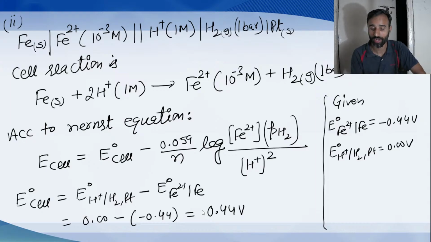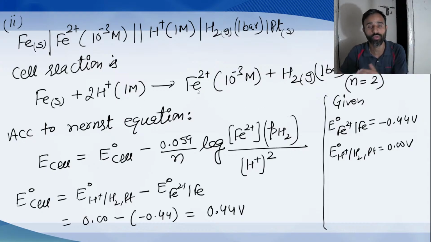Next is the value of n. Keep in mind the value of n in this case is 2. Why is it so? Because Fe to Fe2+, how many electrons are involved? 2. 2H+ to H2, again 2. n is 2. And just put the concentration values. Let us calculate E cell now.